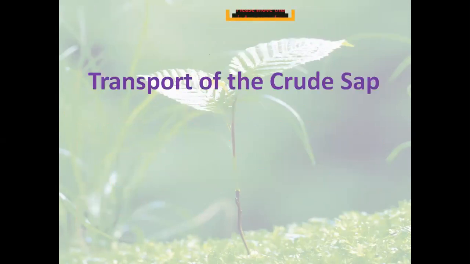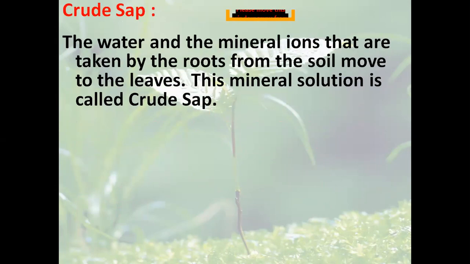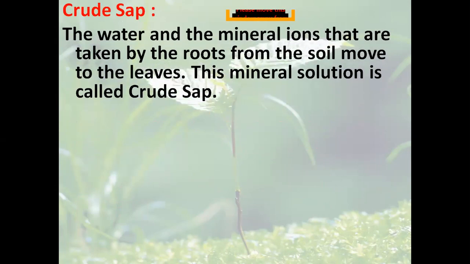Now I'm going to talk about the crude sap. What is the crude sap? Crude sap is the mixture or solution that contains water and minerals, more specifically mineral ions like potassium, phosphorus, sodium, magnesium, nitrogen, and others.